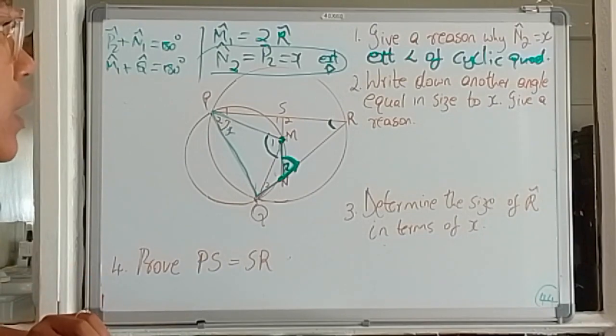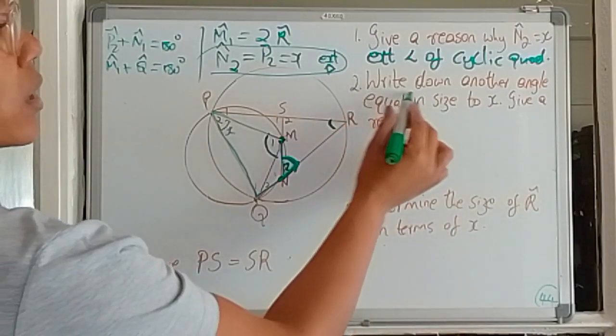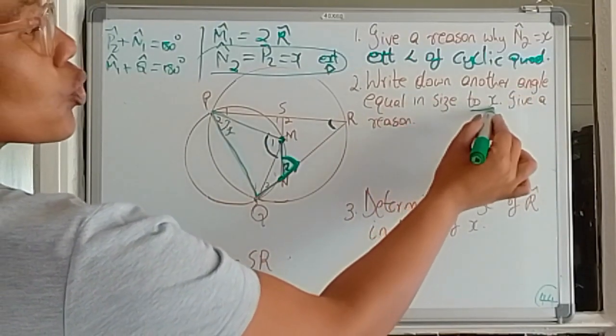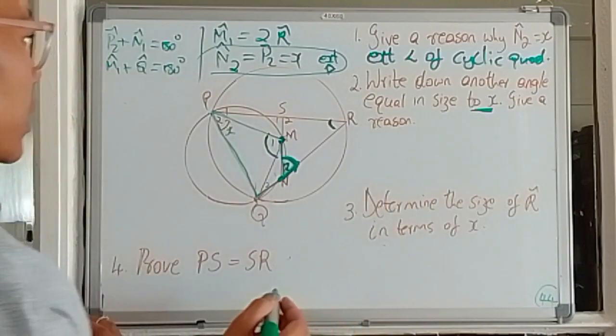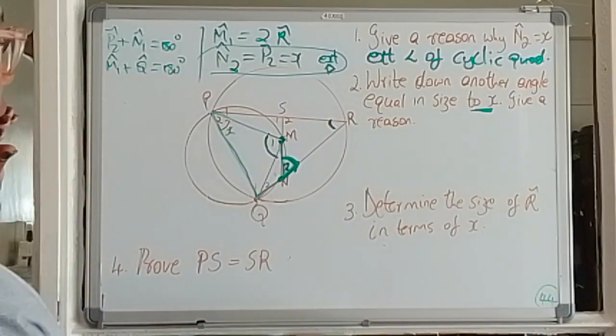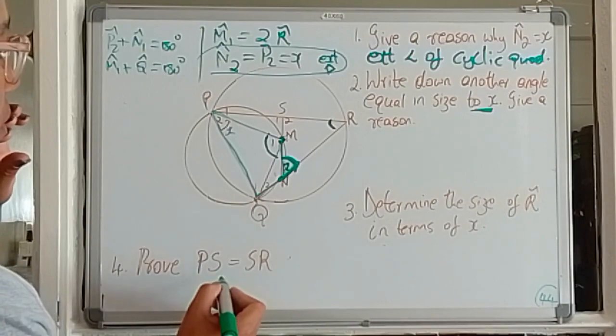That is our reason. Then we are required to write down another angle equal in size to X. Give a reason. Yes, we always give a reason. So let's check.